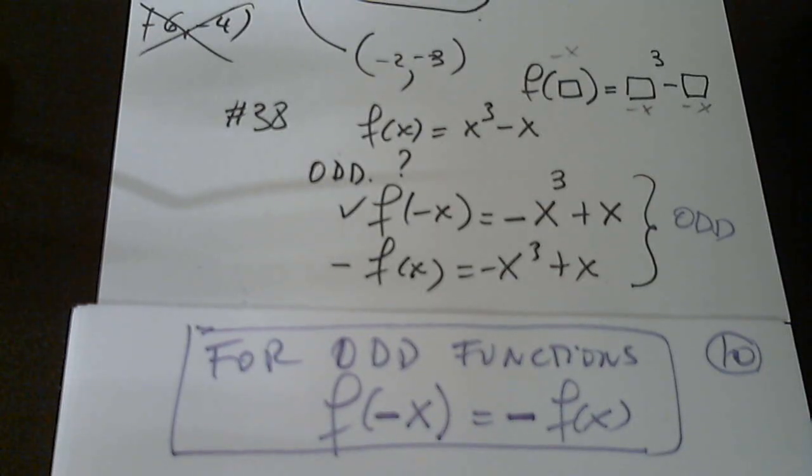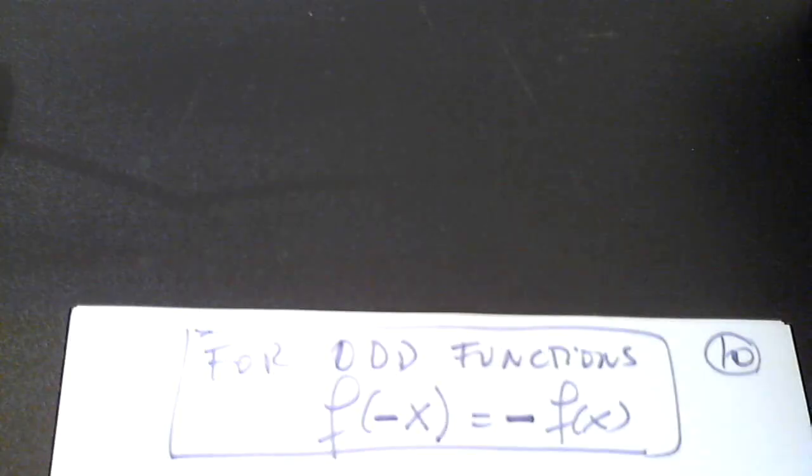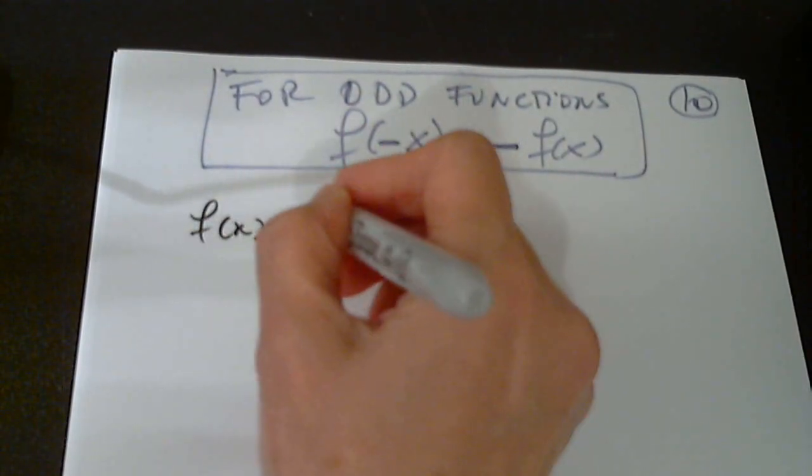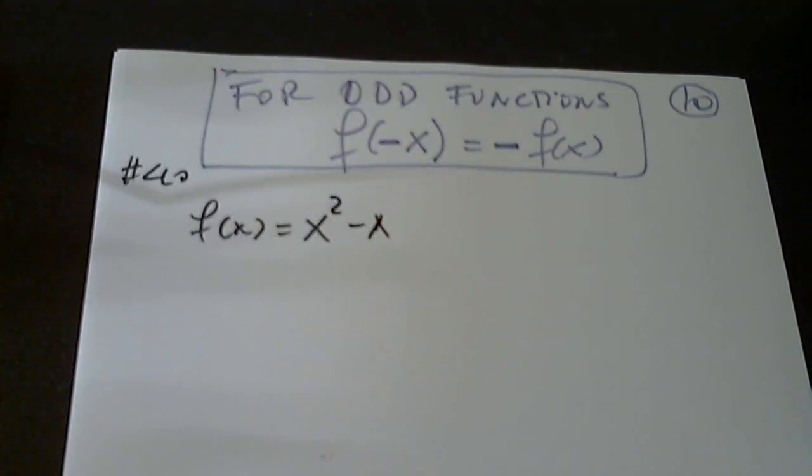Let's look at one more. So let's say number 40. In 40, I have x squared minus x. So this is number 40.